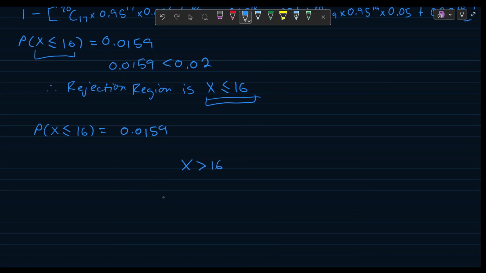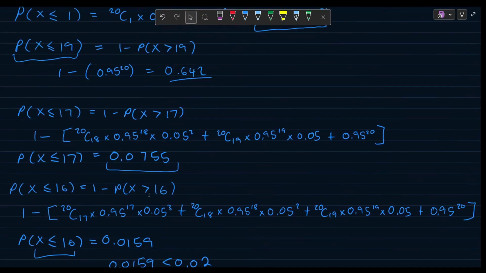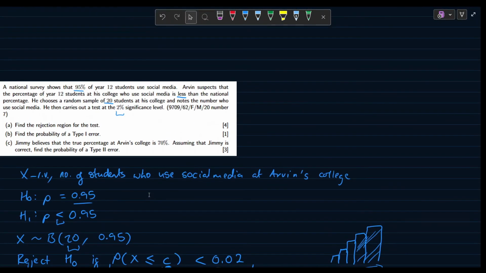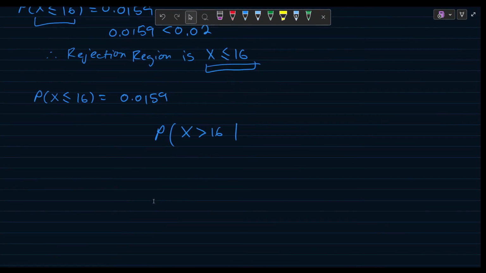So the type 2 error is the probability of not being in the rejection region, that is, the probability that x is greater than 16 given the corrected probability. Remember, a type 2 error always comes with a correction in the population parameter. We've been told the correct probability is 70%, so we're finding the probability that x is greater than 16 given that p is 0.7.